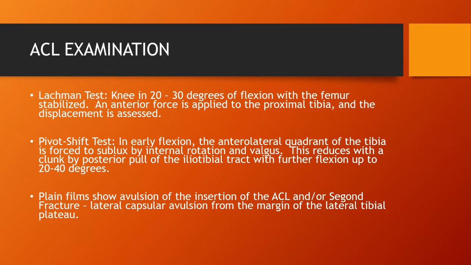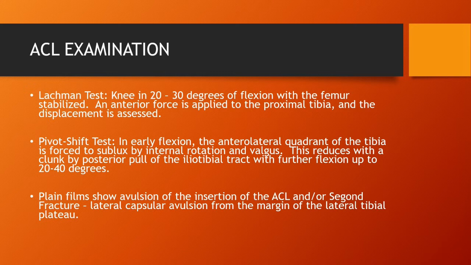Then with the opposite hand, the examiner applies an anterior force to the proximal tibia to attempt to translate the tibia anteriorly on the stabilized femur. And the displacement is assessed. So any significant displacement above and beyond normal ligamentous play would qualify as ligamentous laxity.